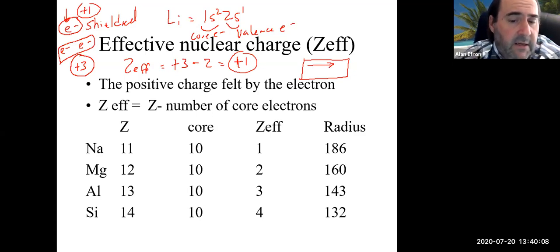So we see an increase in the effective nuclear charge as we go to the right, which means even those outer electrons are still feeling a pretty good jolt of positive attraction from the nucleus and are going to be held tighter than those to the left of the periodic table, like where sodium is.